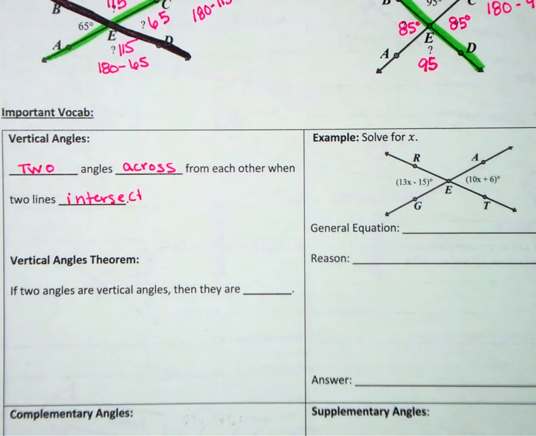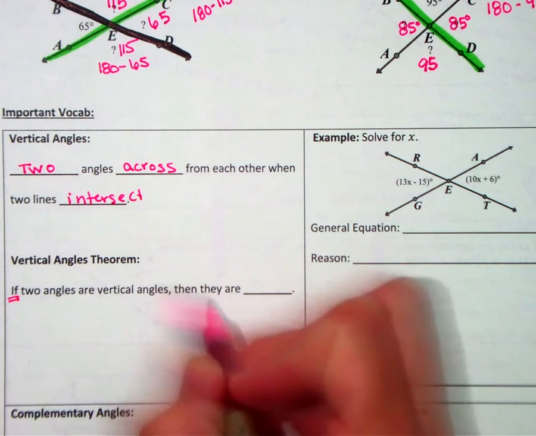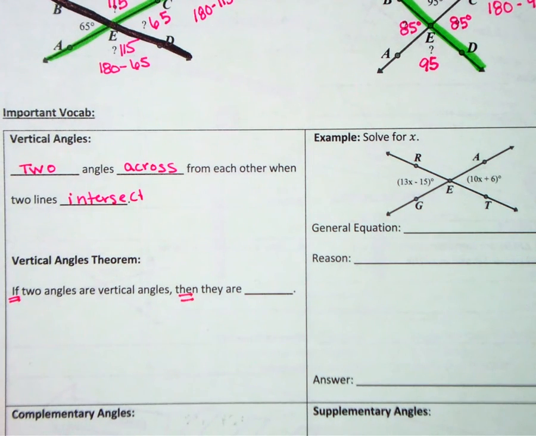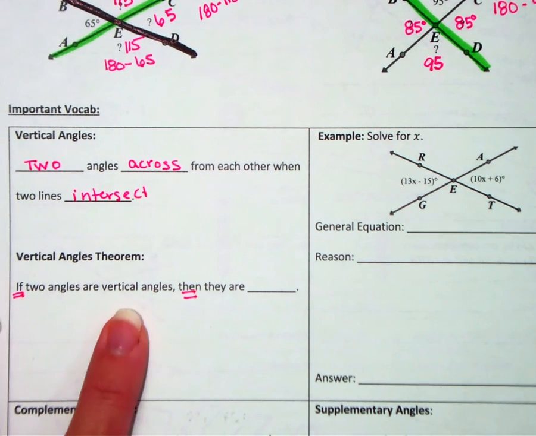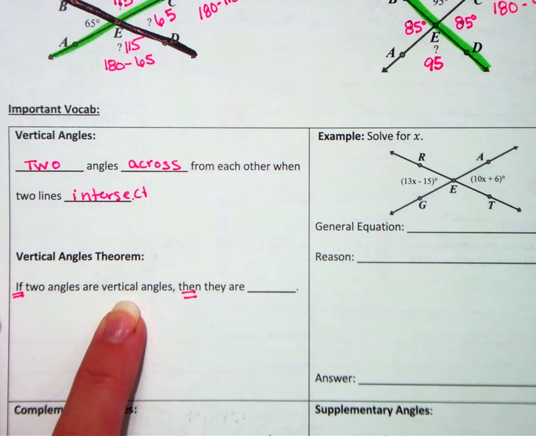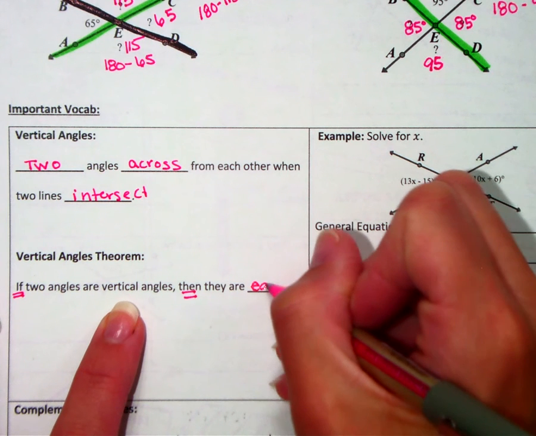Then the vertical angles theorem says, and what you're going to start noticing is that theorems and postulates are all written in this kind of if, then format. So if two angles are vertical angles, so if you see two angles and they are vertical angles, then you are allowed to set them equal.